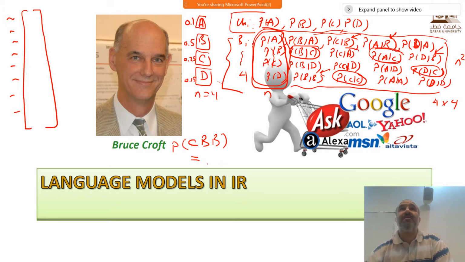Any idea? Amira? Probability of C times probability of B given C times probability of B given B. And all of that is in the language model. I hope that this is now clear. Any question about this?